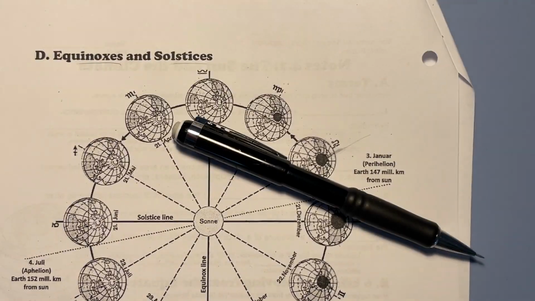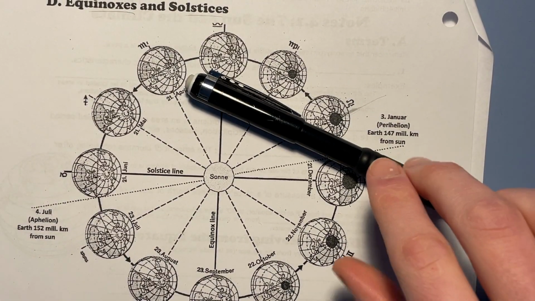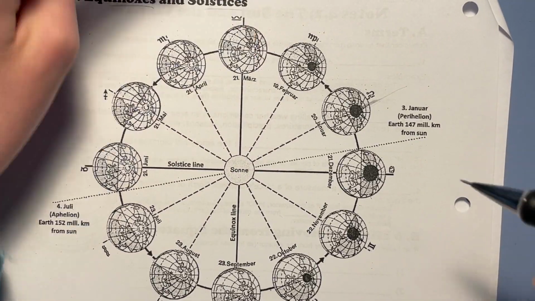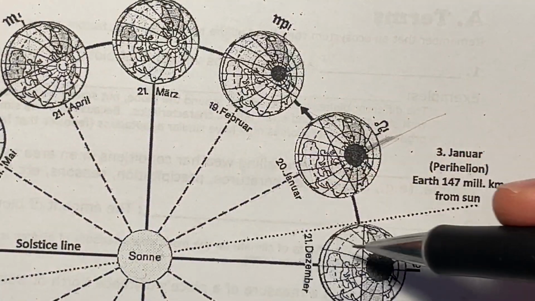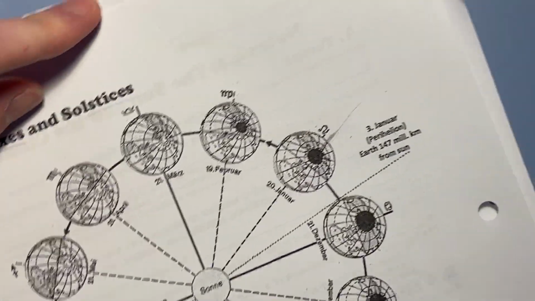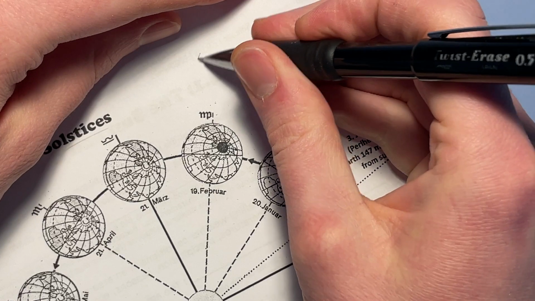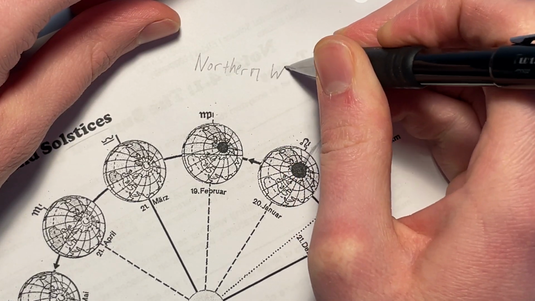All right, so that's kind of what's happening here with the earth, okay? So we see that on this little quadrant right here. And so what you can label this upper right quadrant is this is our northern winter.